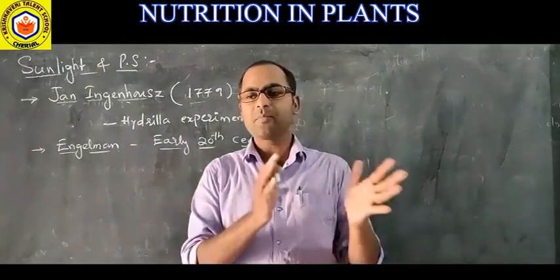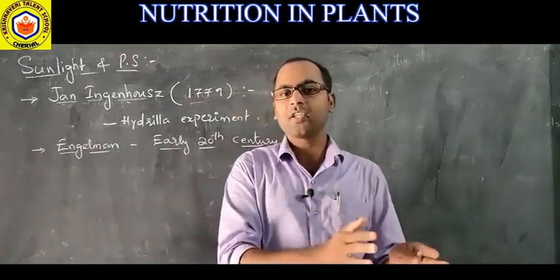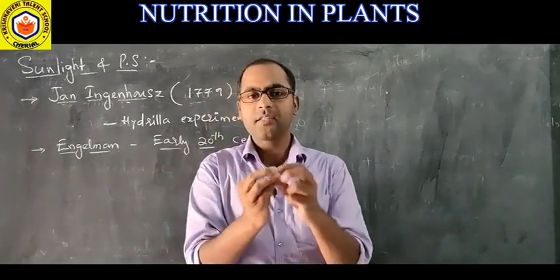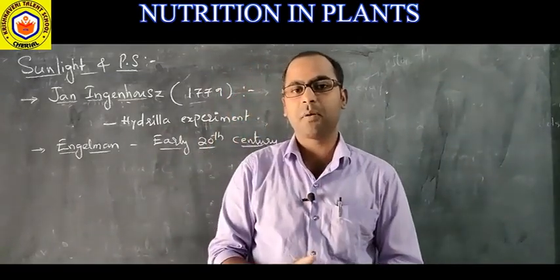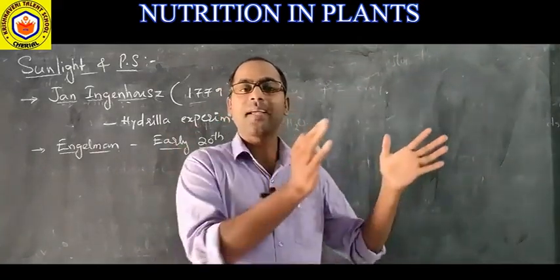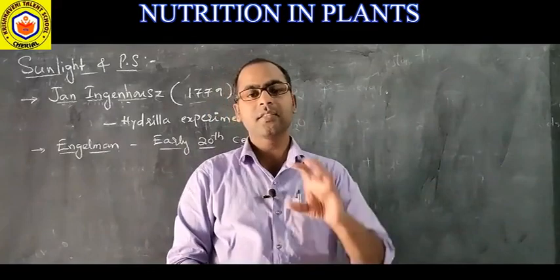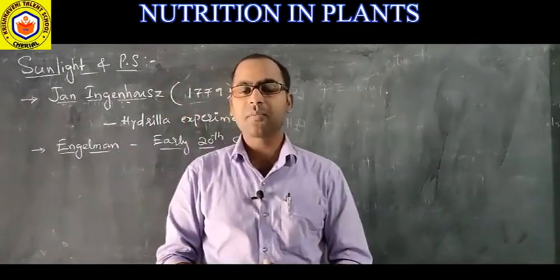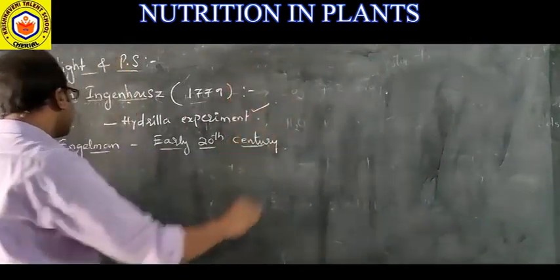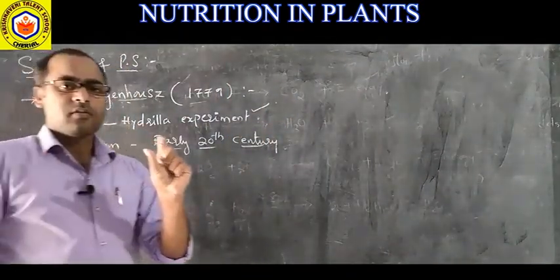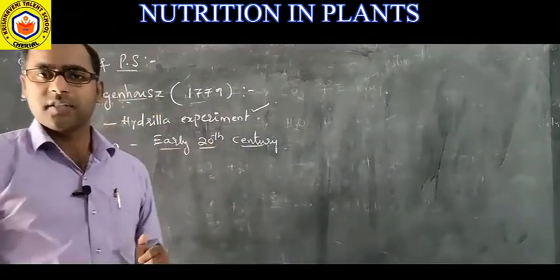He observed that when the experimental setup was placed in sunlight, small colorless gas bubbles were released from the hydrilla plants, but when it was placed in a dark place, there was no release of gas bubbles from the hydrilla plant. From the hydrilla experiment, John Ingenhousz confirmed that sunlight is necessary for photosynthesis.